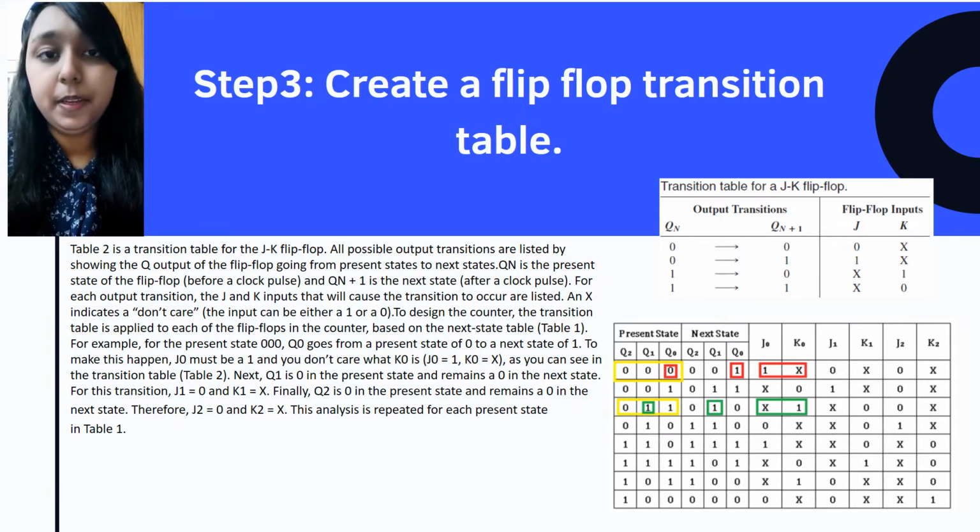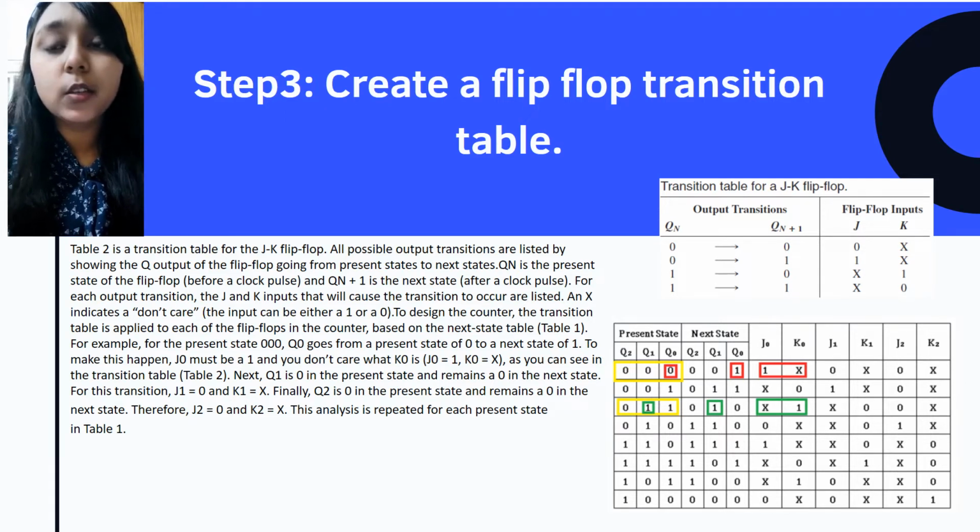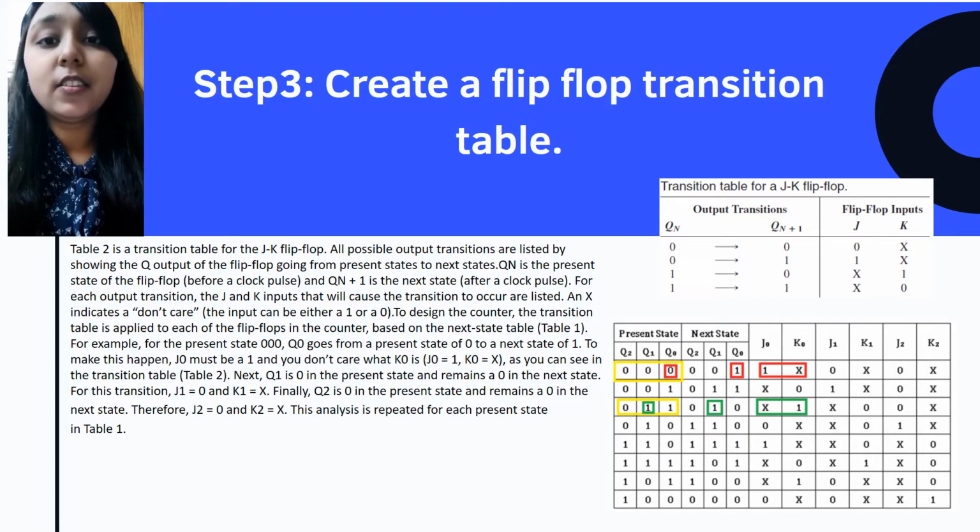To make this happen, J0 must be a 1 and you don't care what K0 is: J0 equals 1 and K0 equals X, as you can see in transition Table 2.